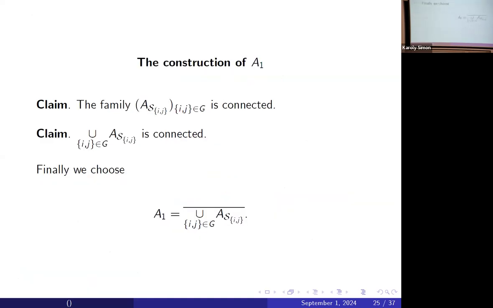And then the next step would be to see that the family of S_{ij} with {i, j} in G is connected. And then the union of them is connected. And finally, we can take A1 to be the closure of this union.